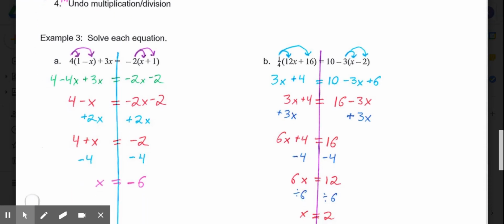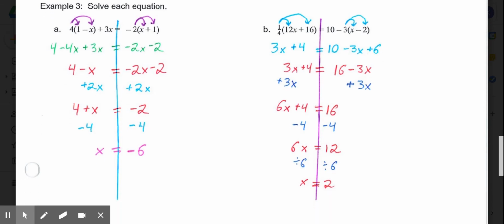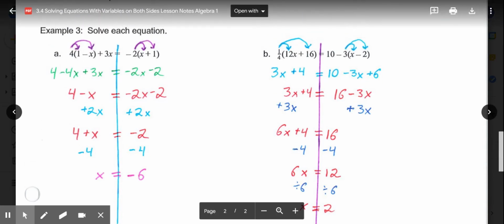So looking at example 3, A and B, we're just simply solving the equations. So first we're checking to distribute and then combine like terms, which is simplifying each side. So on the left, we're distributing the 4 to 1 minus x, so 4 times 1, and then 4 times a negative x.